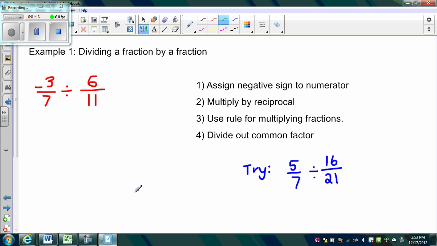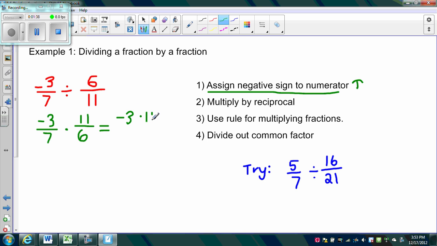Let's do an example. So again, we always assign the negative sign to the numerator, meaning the top. And in this case, now we need to multiply by the reciprocal. So we have to keep our negative 3/7 the same, but now we're going to multiply by 11 over 6. And this will simplify here.